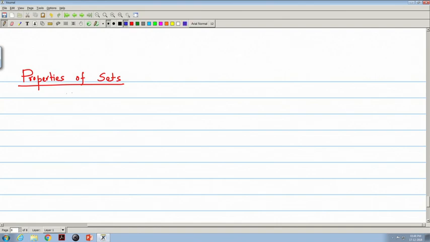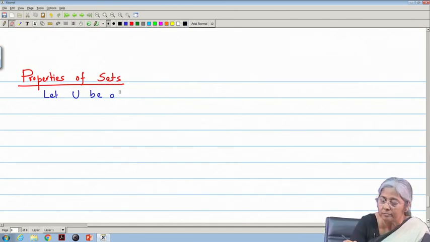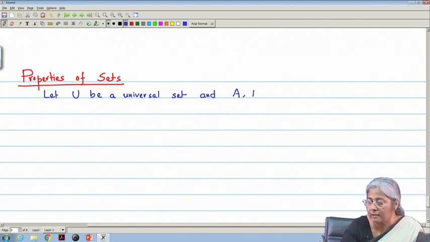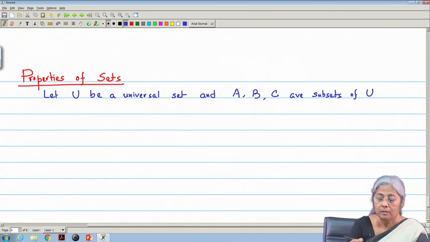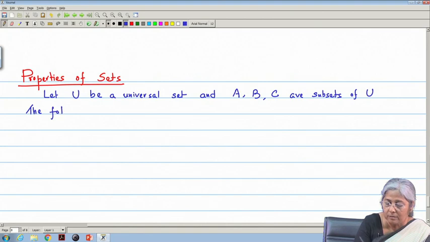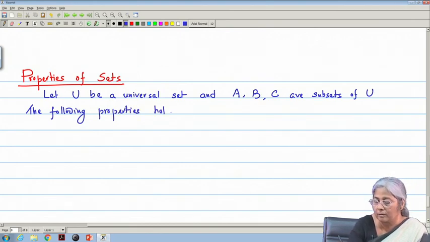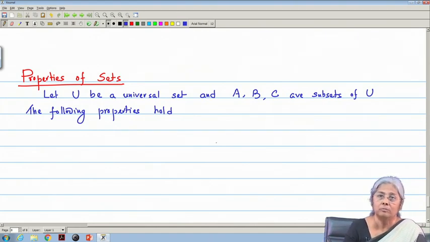So, we consider 3 sets and a universal set U. Let U be a universal set and A, B, C are 3 subsets of U. So, the following properties hold on A, B, C and U and all the operations that we read on sets.